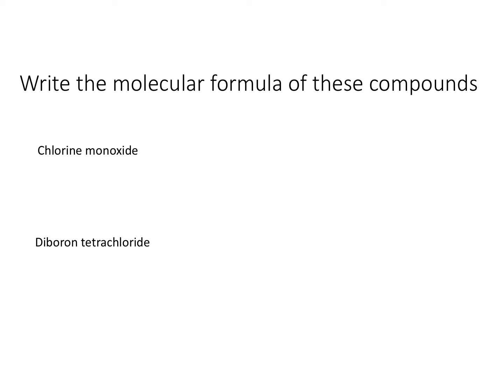So how do you write the molecular formula of chlorine monoxide? So chlorine is Cl, right? So here you have mono plus ox, the base name of the nonmetal, plus ide. Remember, if you don't have any prefix before chlorine, it means that it was mono, it was 1.